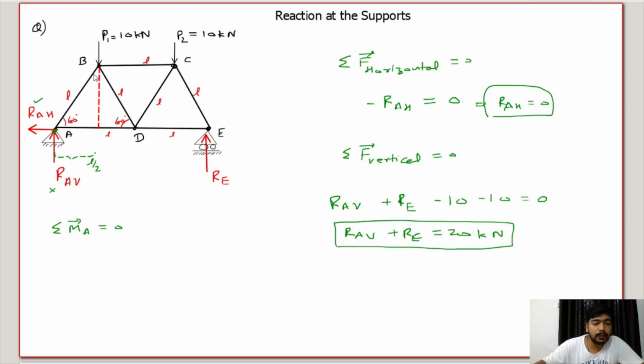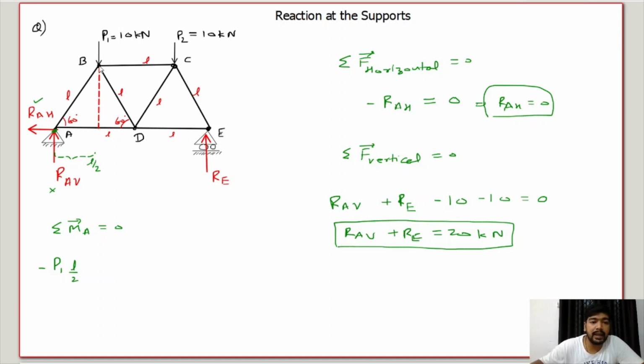right? So the moment because of P1 is P1 into L by 2, and the sense, sense क्या होगा इसका? Clockwise, and I am taking the clockwise as negative, ठीक है। सेम P2 से, P2 से अब क्या करोगे?